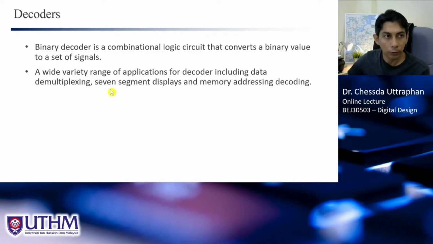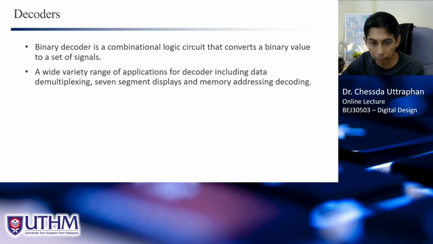Now go to the next one, which is the decoder. The binary decoder is a combinational logic circuit that converts a binary value to a set of signals. Normally we use it in memory addressing and decoding, very important in computer hardware or any digital hardware. Because we have memory that has many addresses.